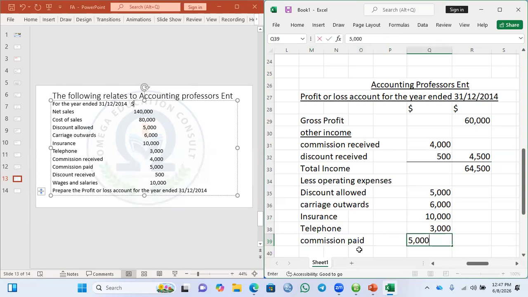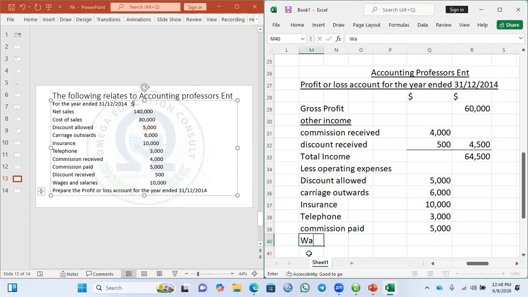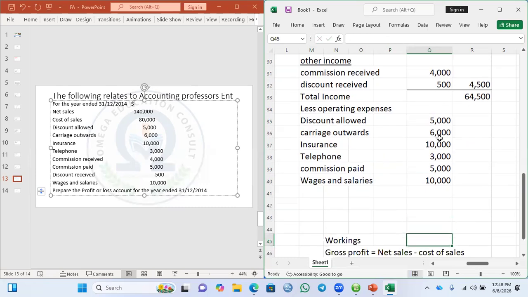And then you have wages and salaries, which is 10,000. And that's all. You add all of them up, you get your total expense. So let's add them and see. 5,000 plus 6, that will be 11, 21, 24, 29, 39. So your total expenses is 39,000.